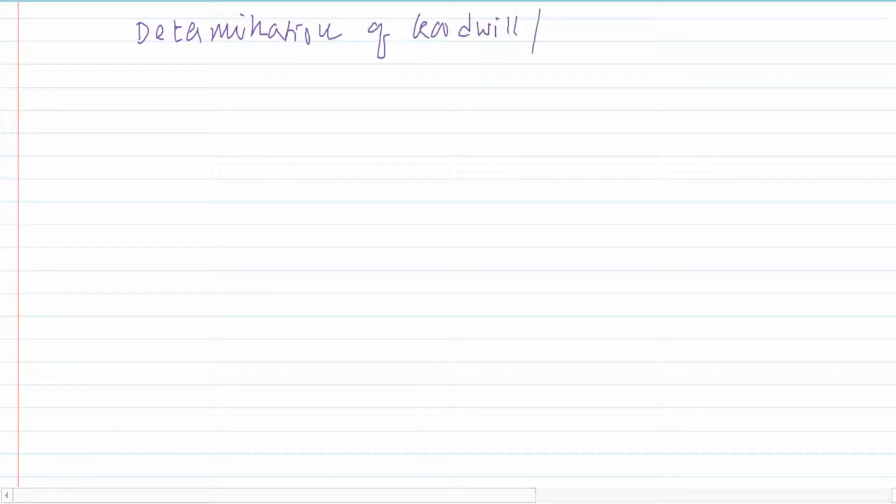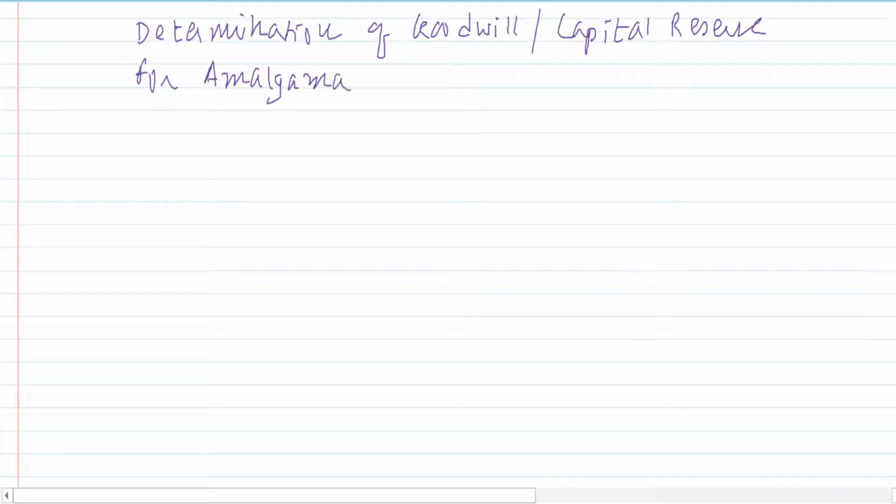So working for the same, we say determination of goodwill or capital reserve for amalgamation in the nature of purchase.